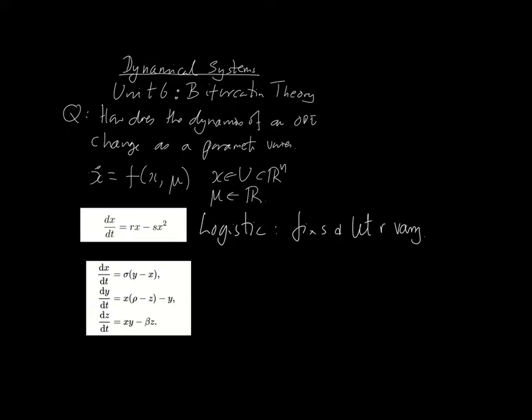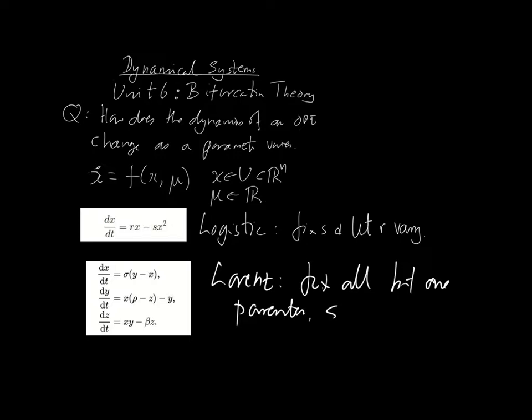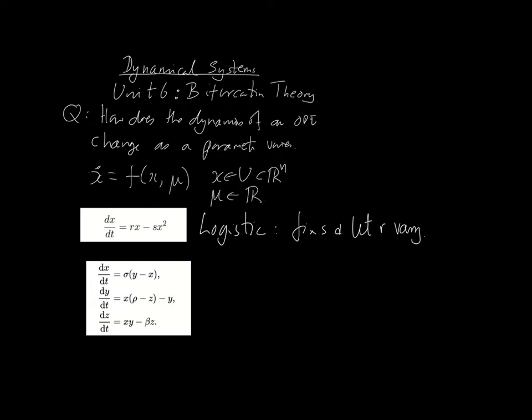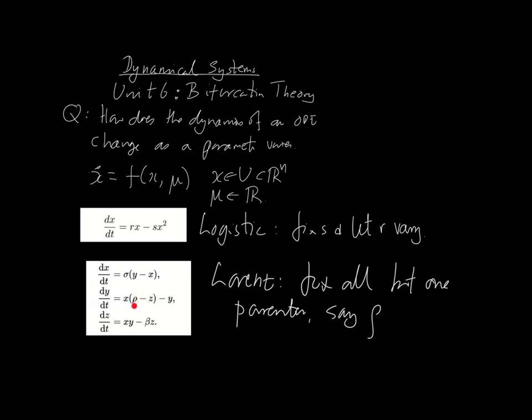Or going to the Lorenz equations, we could imagine fixing all but one parameter, which might be, say, rho, and letting that vary, and see how the dynamics changes near a particular fixed point, which is naturally the origin.